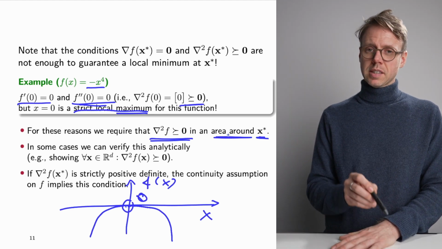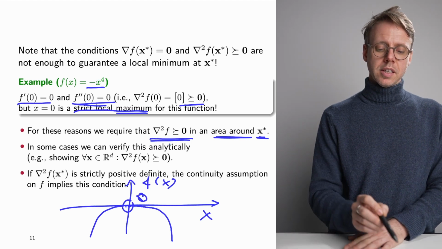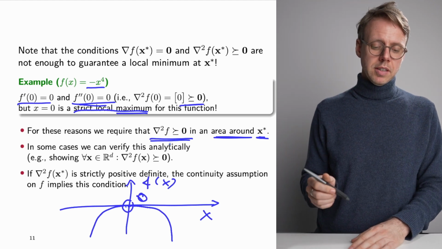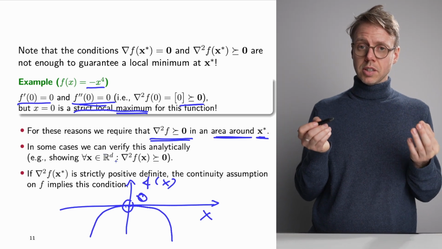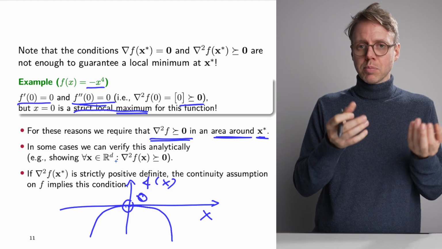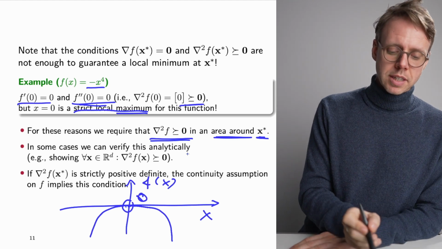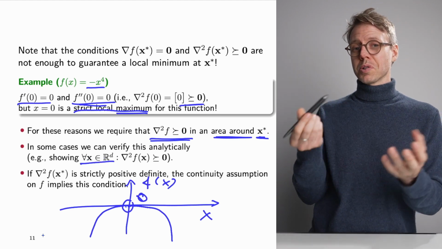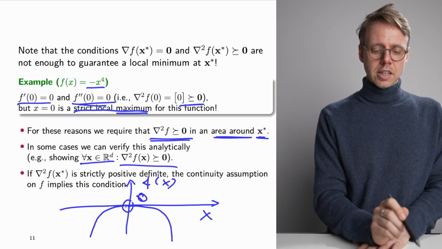Now the problem is, how do we verify that the Hessian is positive semi-definite not only at a single point but in an area? That's usually not very easy. Well, sometimes you can verify this analytically. It's certainly not easy to do computationally, because you would have to basically try out any point around it, but in a continuous space that's not very practical. But sometimes we can do this analytically for some regions. For example, a typical proof would just show it for the region of all of R^D, that the Hessian is positive semi-definite.